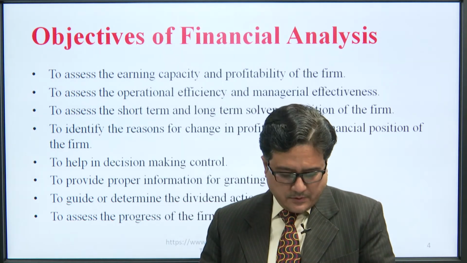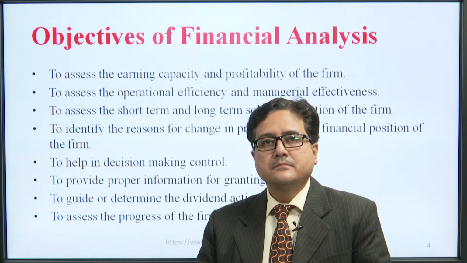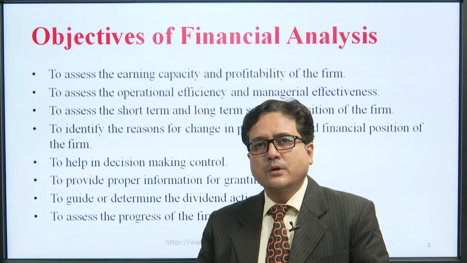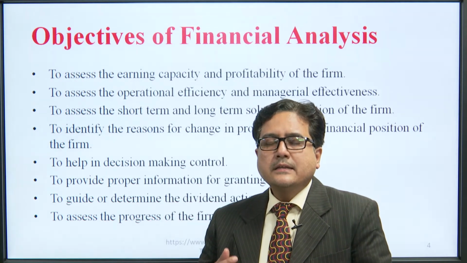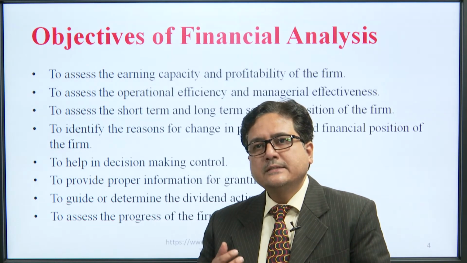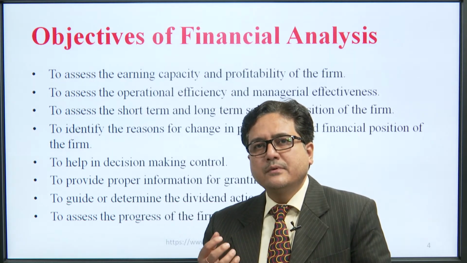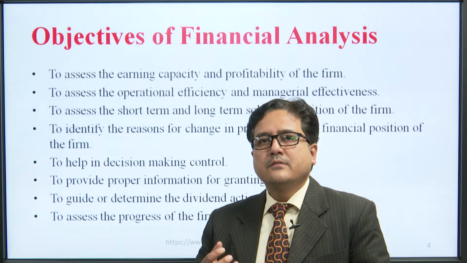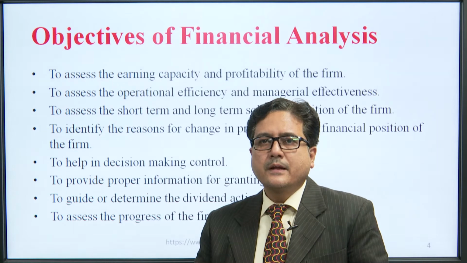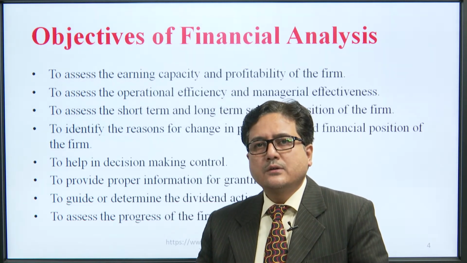Next is to help in decision making and control. I already told you that analysis is done by the top management, and they decide how to control. When they have the financial statement in their hands, brainstorming is done in boardrooms to find the proper solution to control the cost.